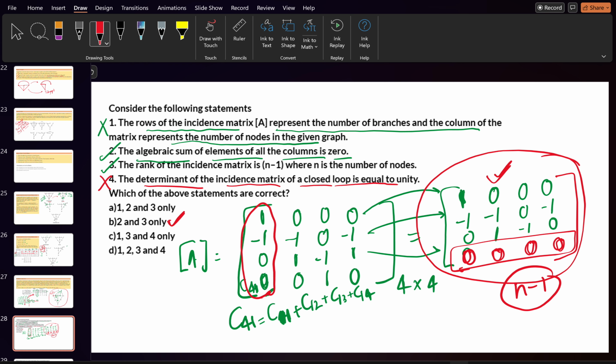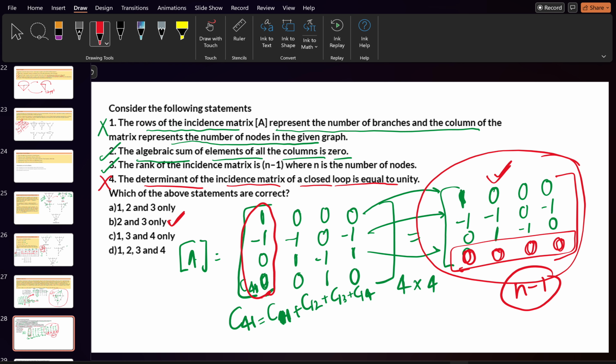So what you have learned in the incidence matrix: the summation of the column will be equal to 0. Second, in the incidence matrix the rows will be equal to nodes and the columns will be the branches. Third, rank will be equal to n minus 1. Fourth, determinant will be equal to 0.